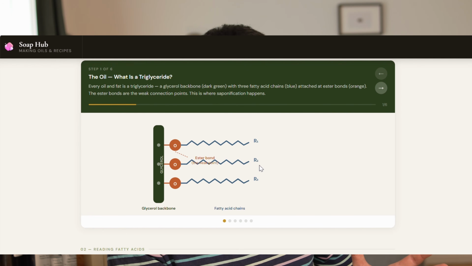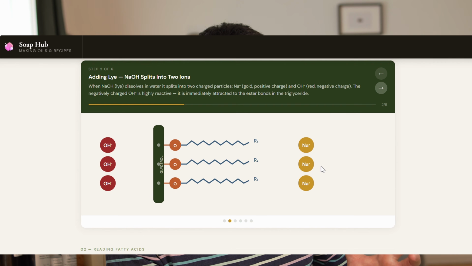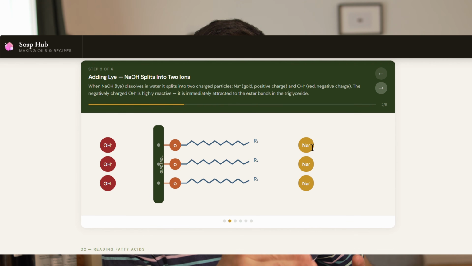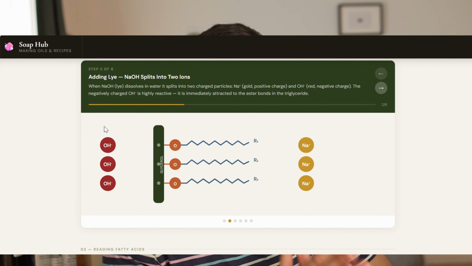This is basically a triglyceride. It's a molecule of 3 fatty acids together with a glycerol backbone. So this is glycerol, and these are 3 fatty acids. So basically when sodium hydroxide comes, sodium hydroxide is also called NaOH, meaning sodium and hydroxide. Hydroxide is a very reactive molecule, meaning that it's very prone to attacking and breaking bonds.